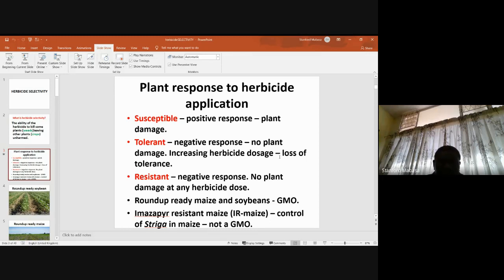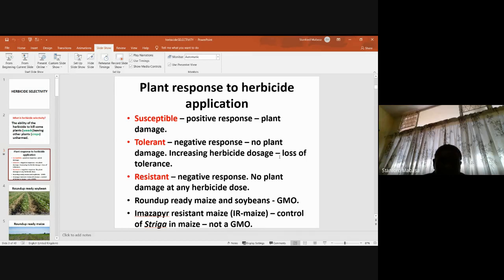Now we have Roundup ready maize and soybeans, where scientists have actually modified these crops. They are genetically modified crops. And you can spray glyphosate on these crops without harming them.